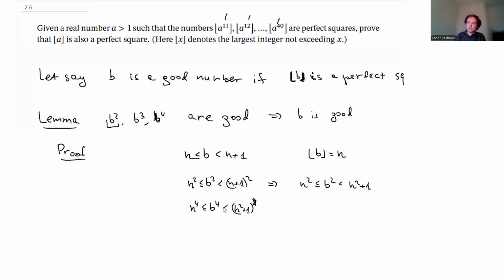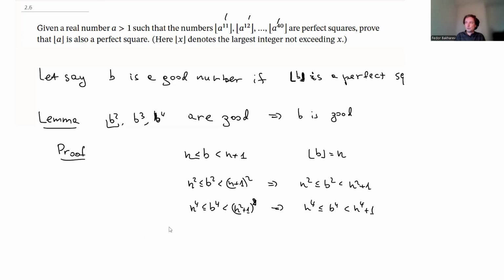And again, we know that this number is good, and it is squeezed between two consecutive perfect squares, and thus it should be that n to the power 4 is smaller than b to the power 4 and smaller than n to the power 4 plus 1. So at this point we squeezed b between very close numbers. We are almost done, but we would like to use the property of b cube also.